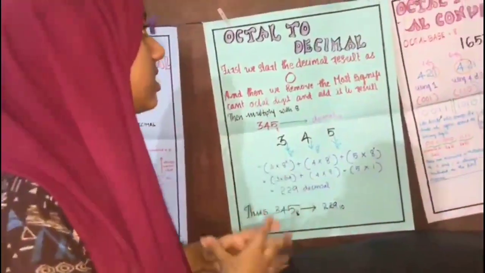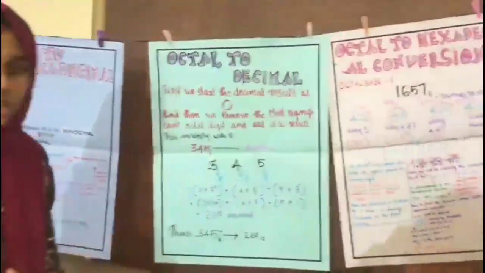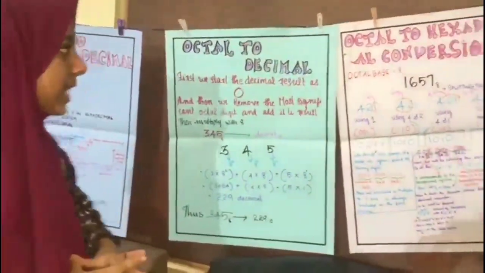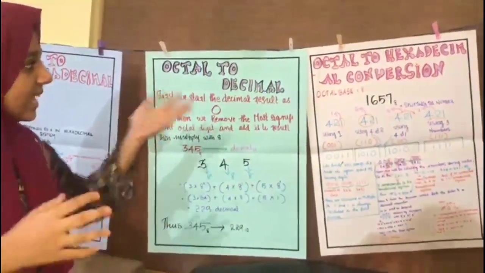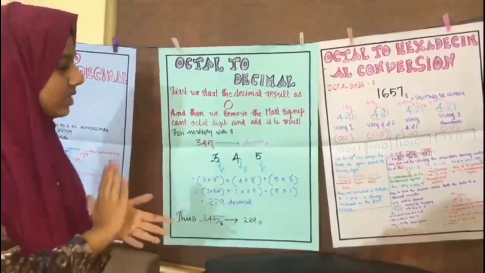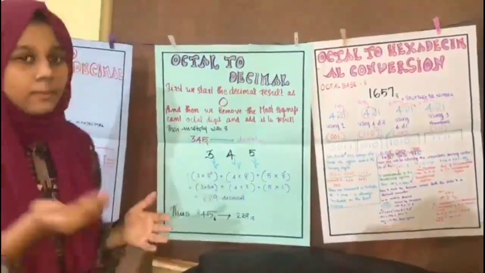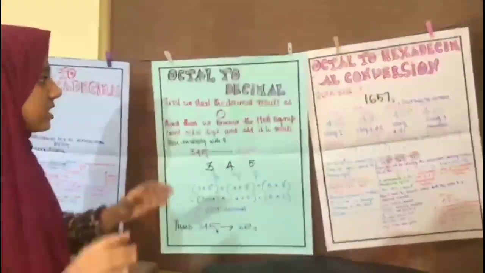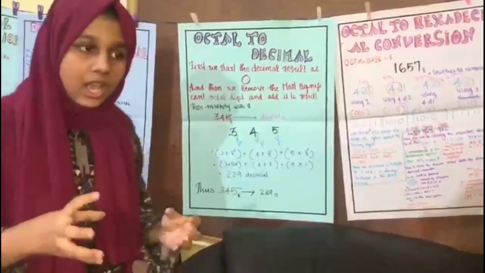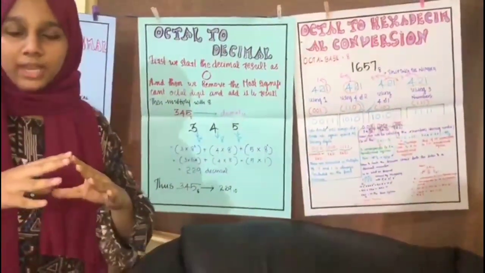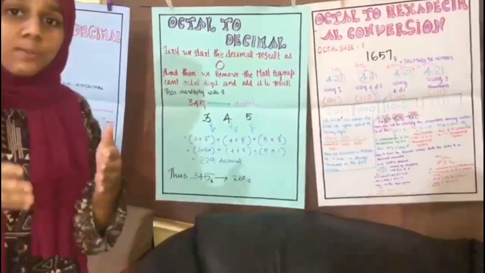Next, the last one is octal to hexadecimal conversion. Octal's base number is 8. I take the number 1657, with base 8. First of all, we convert to binary numbers, which we can split equally.